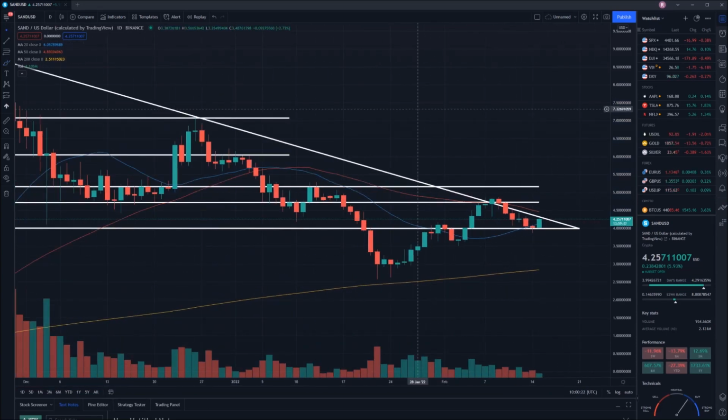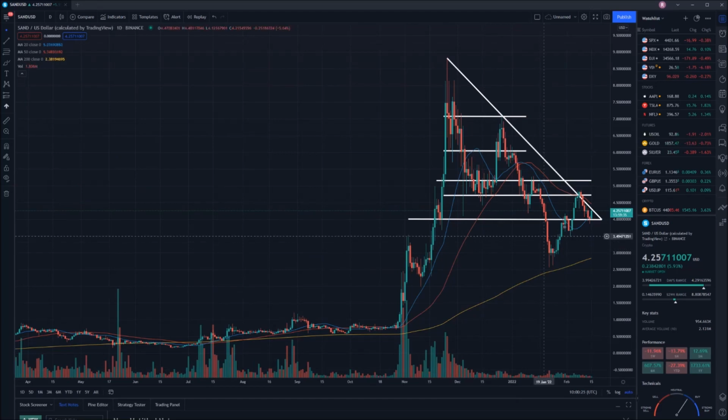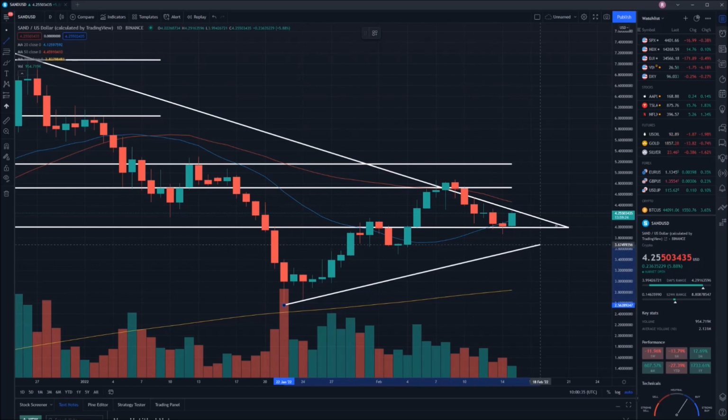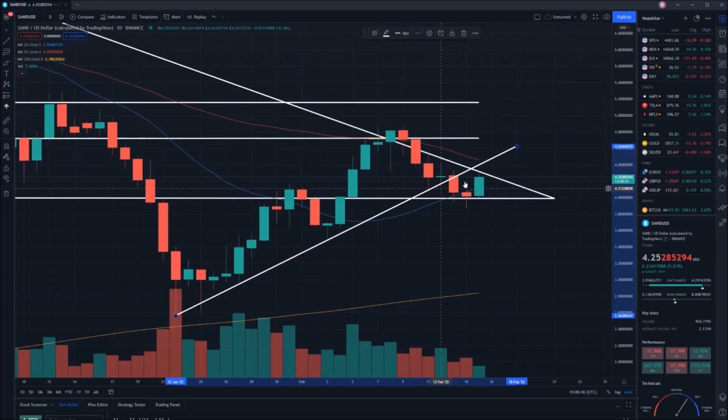Interestingly enough, if I just zoom in a bit more, we might actually be able to see a little bit of an upwards trend since the 22nd of January, where we hit our low at $2.57. We can see that potentially a trend has sort of formed itself here. We have broken through it at this point in time, but there is now an opportunity to potentially break back into it.